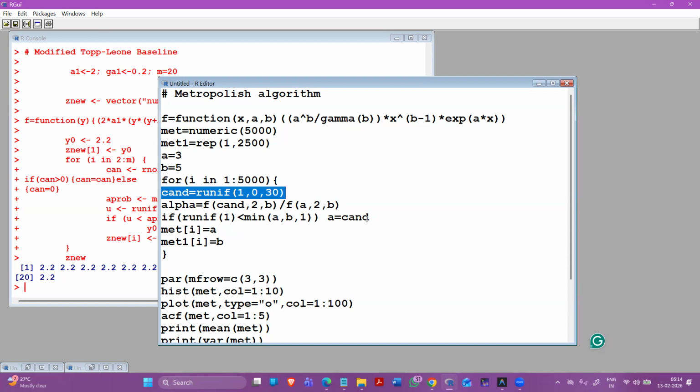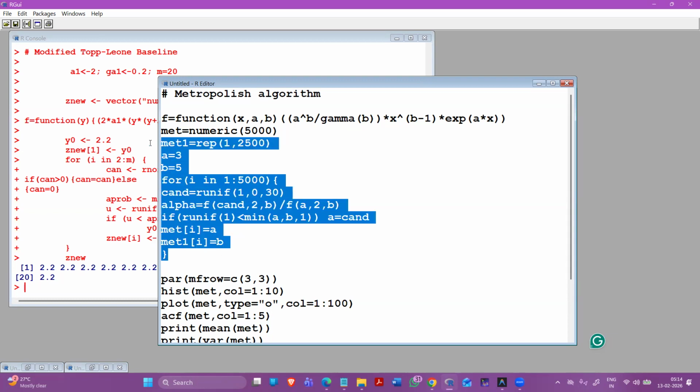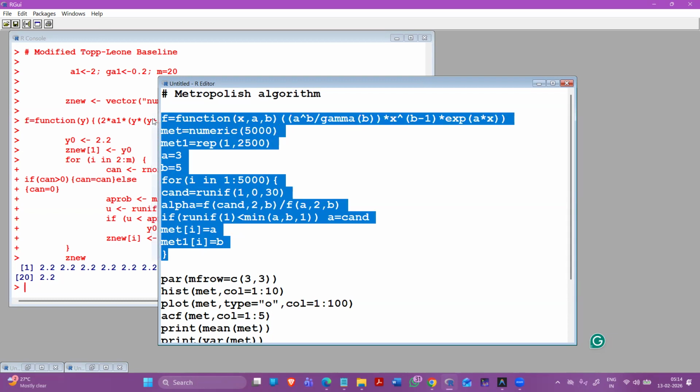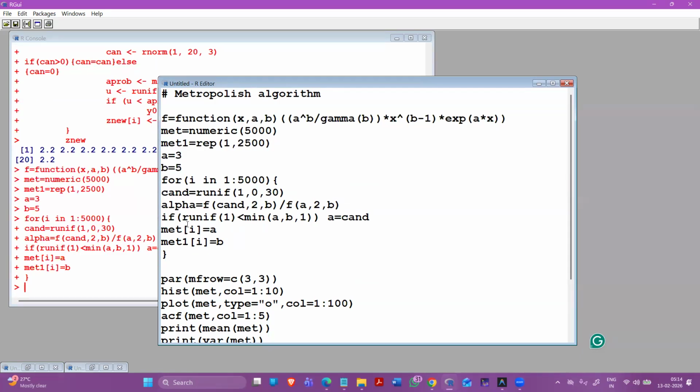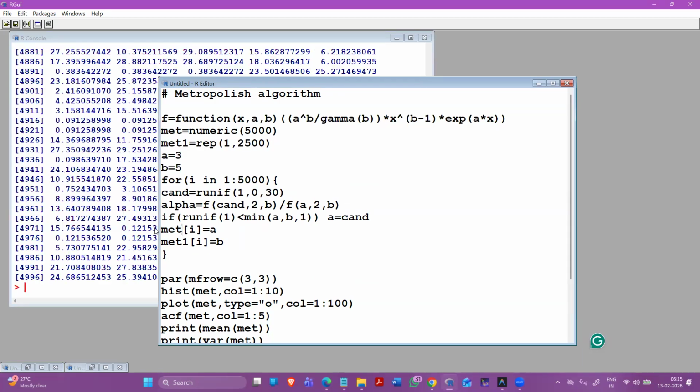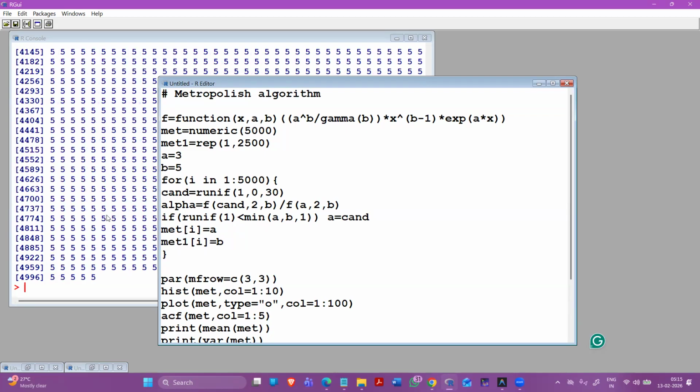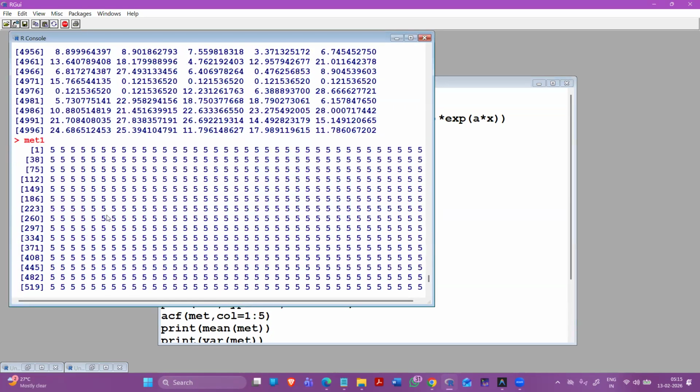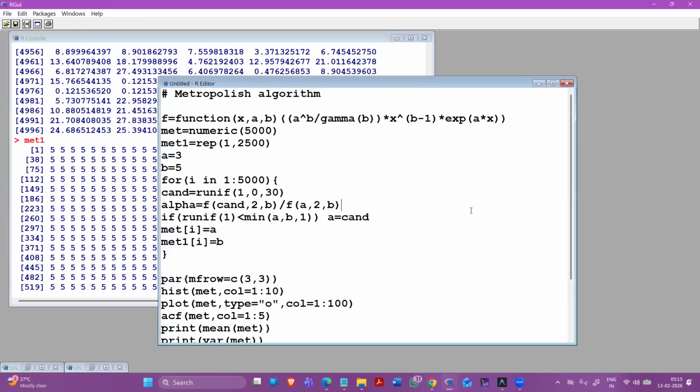Let me check this one. Why is it 5 only? Give me a second. This code is also not correct.